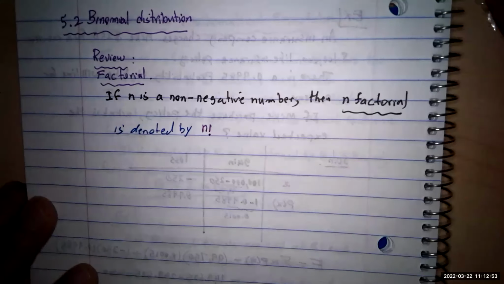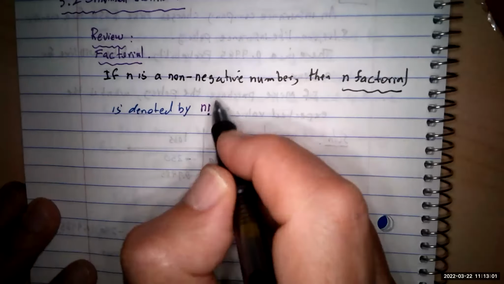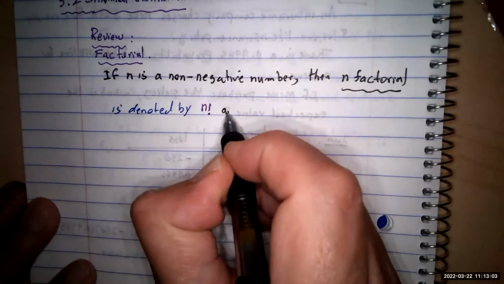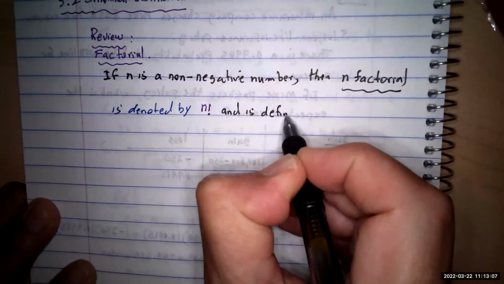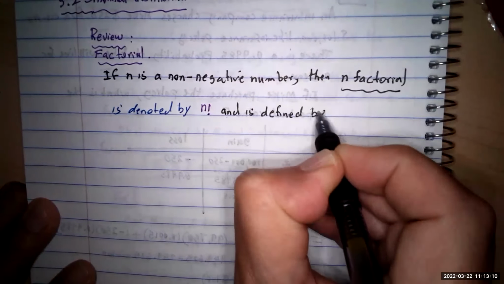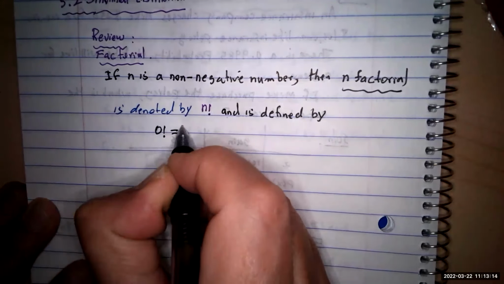So we write it down. In English, this means something else, but in mathematics, this is what we are going to refer to it, and it is defined by 0 factorial, we define it to be 1 because it's useful.